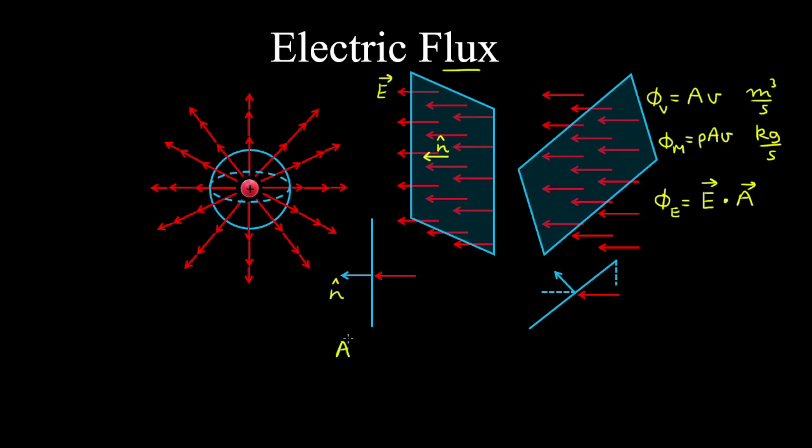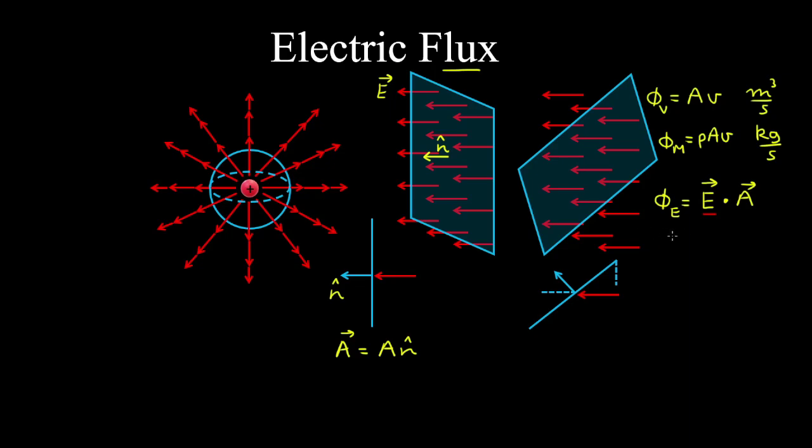So the area vector is just the area by the normal vector, where the normal vector is a unit vector. And this form of the electric flux is for the case where the electric field vector is constant across the area.